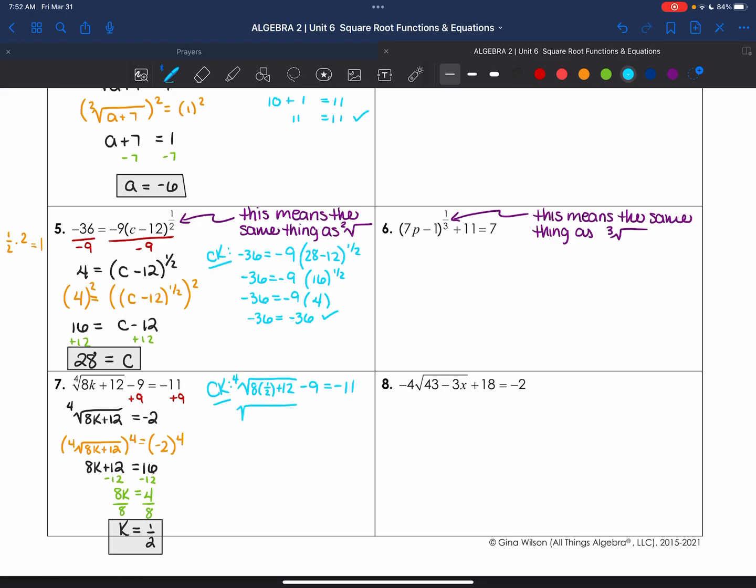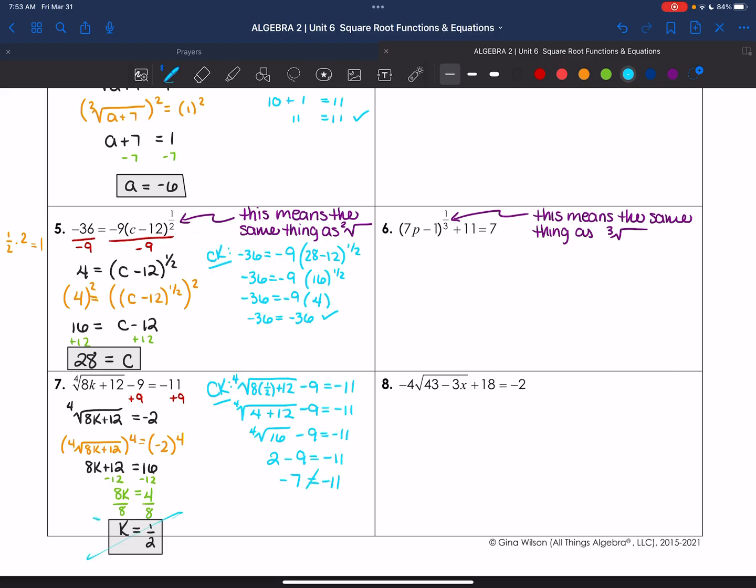Inside that radical, when I take half of 8, that's 4. 4 plus the 12, we're taking the 4th root of that, which is the 4th root of 16, and that is 2. Now 2 minus 9 is actually negative 7, which is not equal to negative 11.